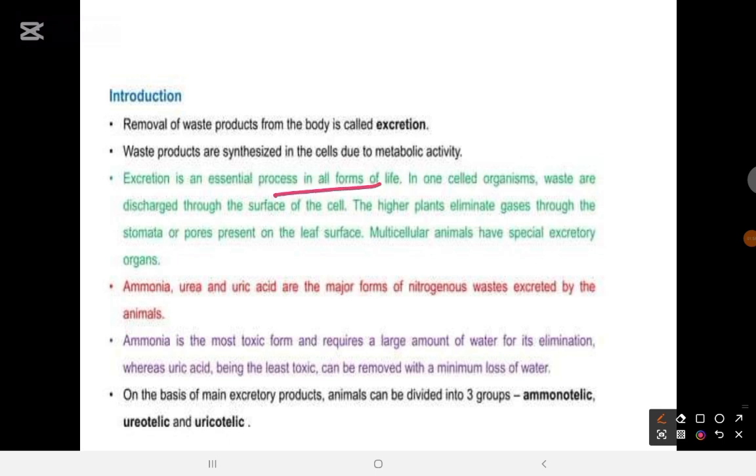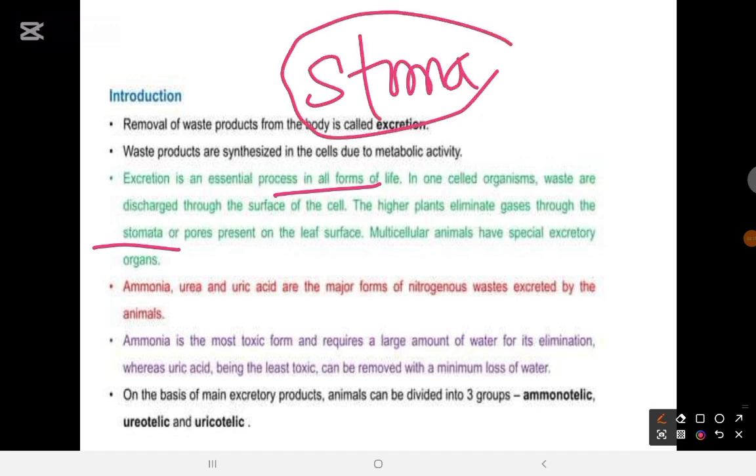In single-celled organisms, waste products are discharged through the surface area of the cell, and the higher plants eliminate gases through stomata or pores present on the leaf surface. The stomata is the plural of stoma, which is basically the pores that are available on the ventral part of the leaf.